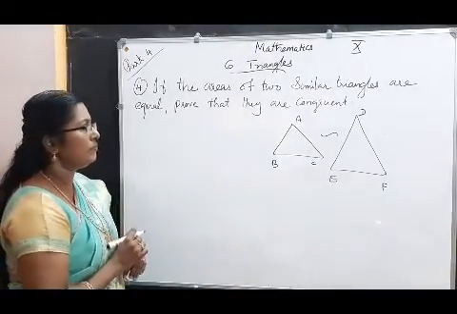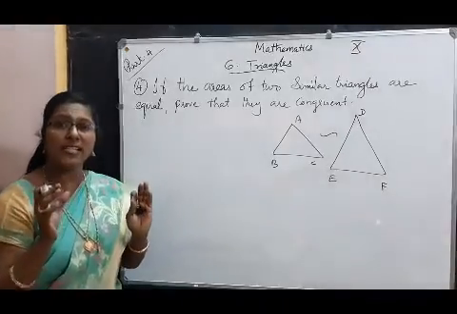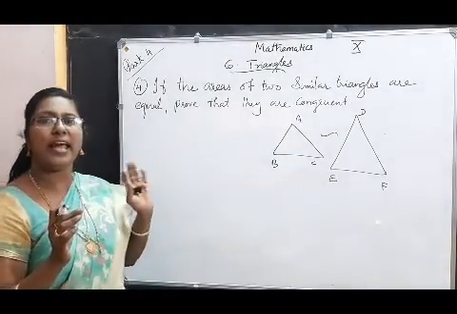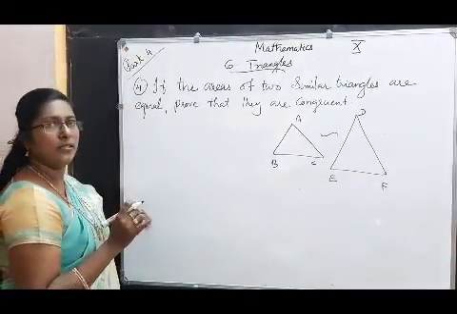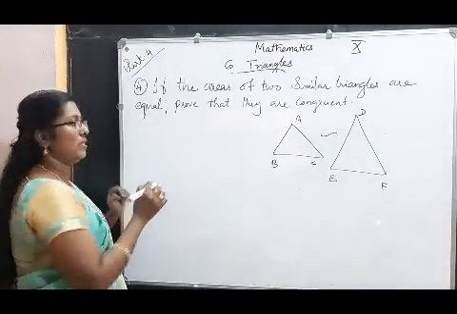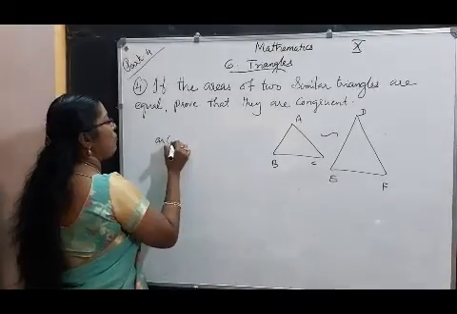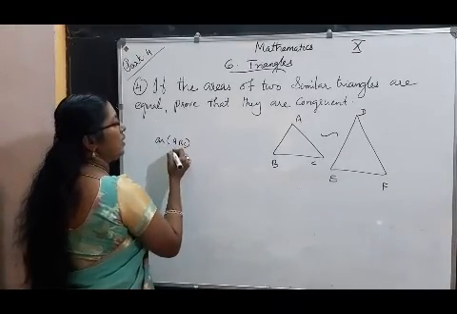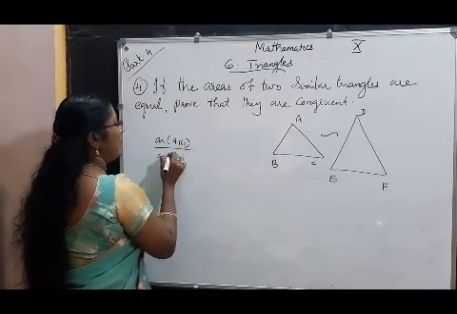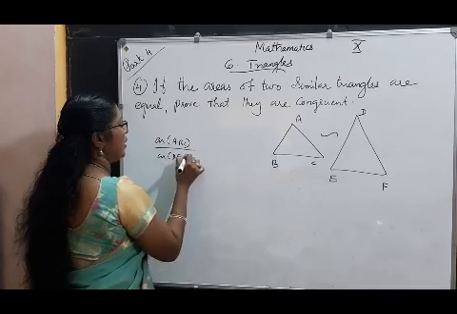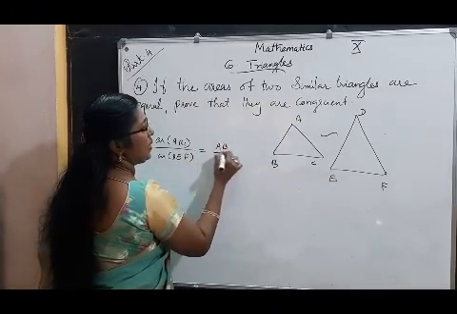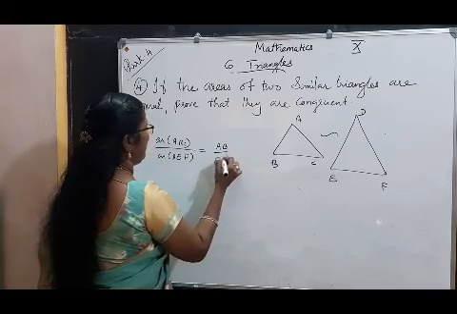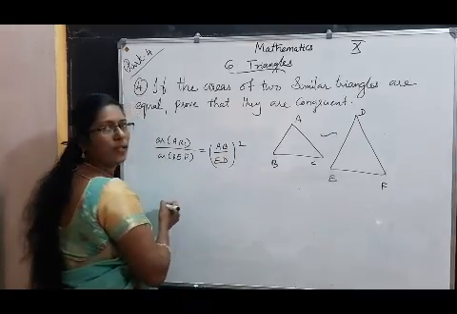Okay. Here, if the two triangles are similar, the ratio of their areas is equal to the ratio of the squares of the corresponding sides. So, we can write area of ABC by area of DEF equal to AB by ED the whole square.